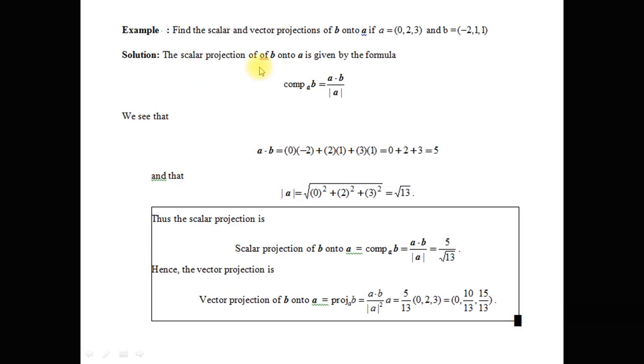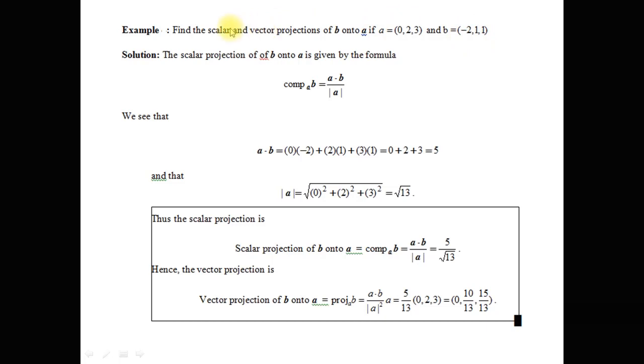Now, for example, find the scalar and vector projection of B onto A, if A is a vector having components 0, 2 and 3, and B is another vector having the components -2, 1 and 1.